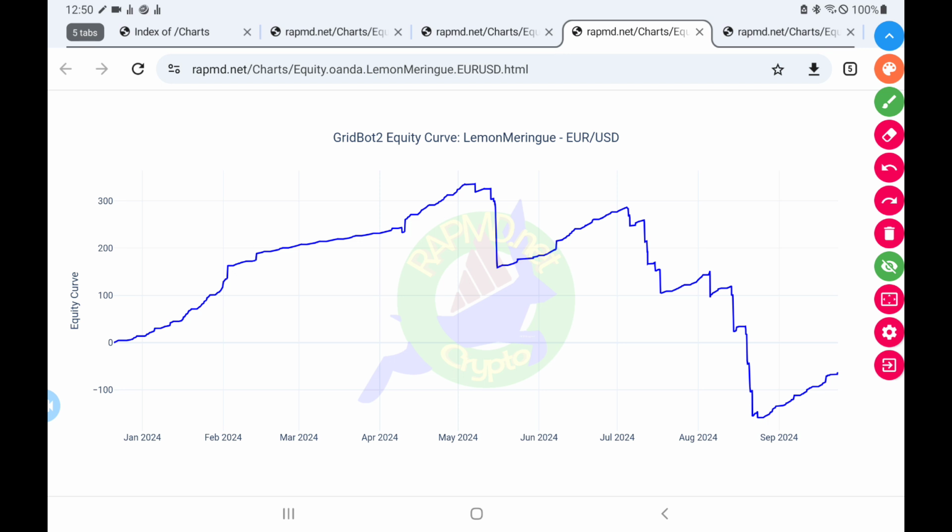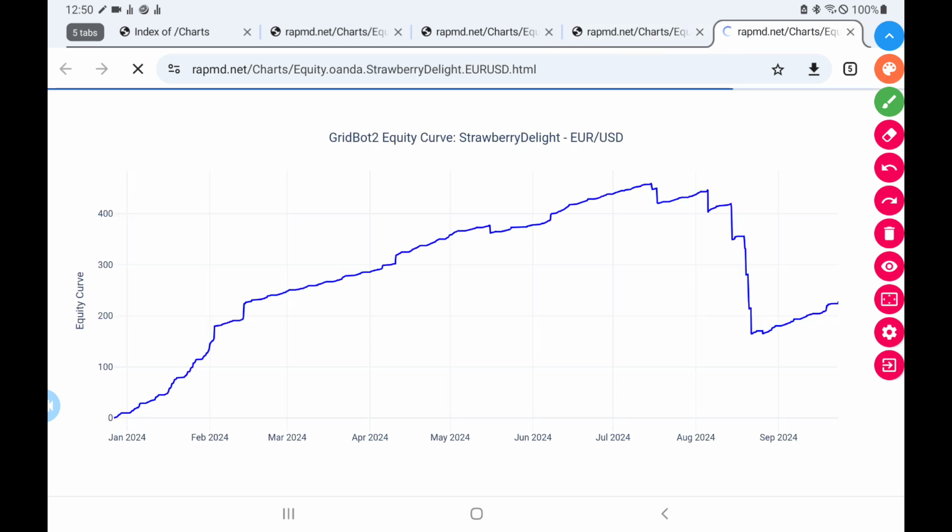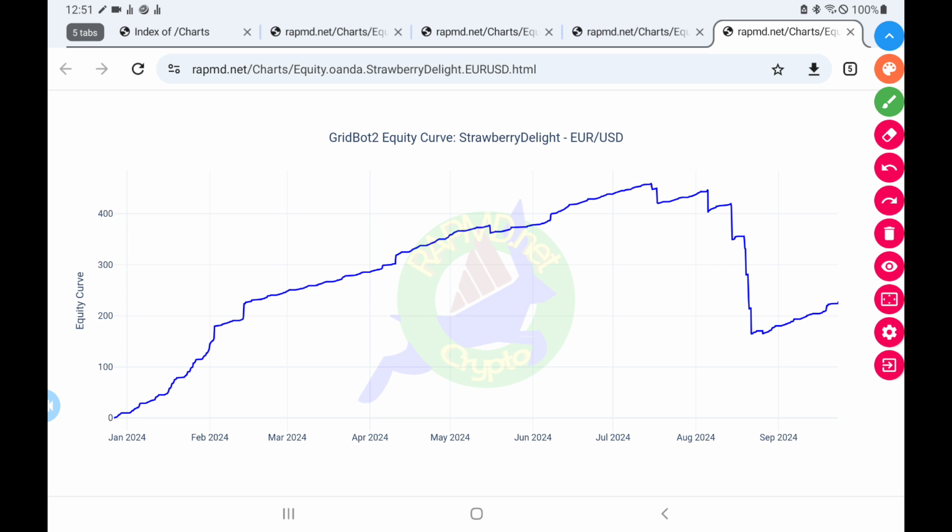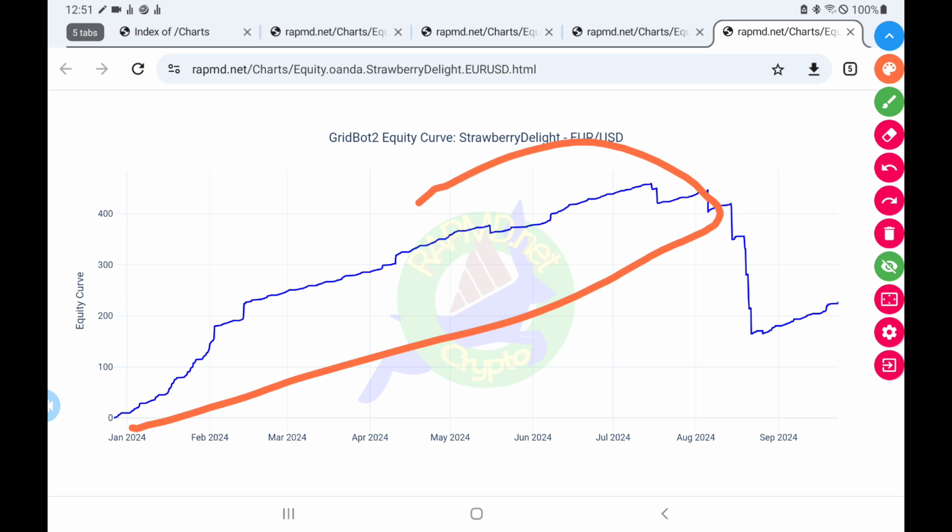So now let's look at the last account. And we can see yet again the upper range, the amount of profit it made until it began cascading. Which overall, this is not bad.